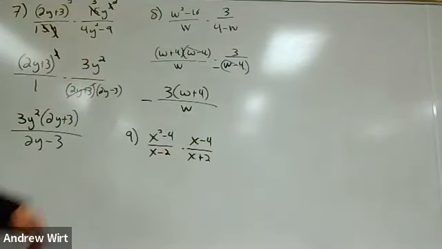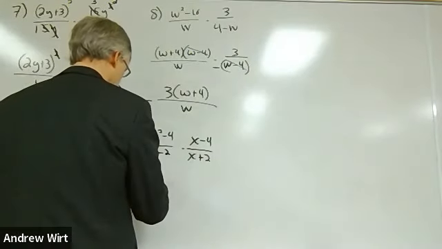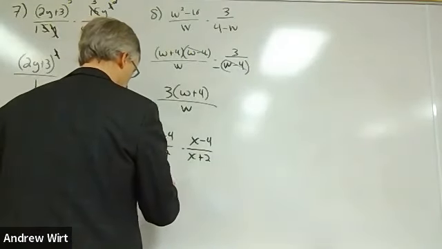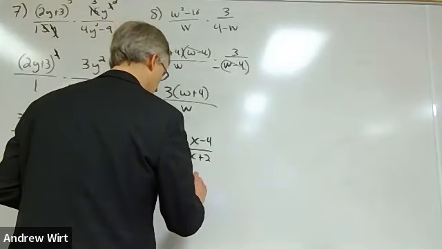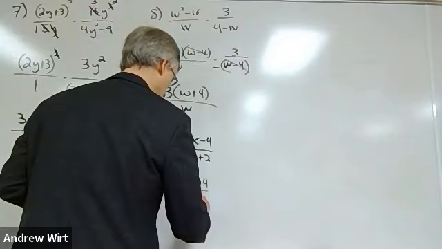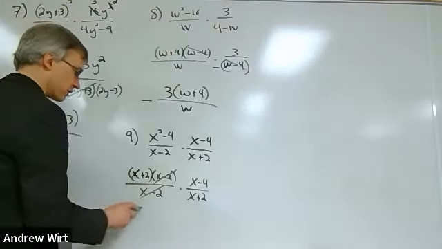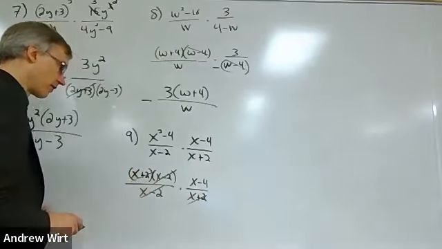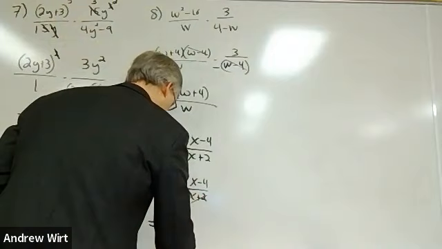So this would be the result of step 1. Now we can factor here, the difference of squares, x plus 2, x minus 2. Now we've got 2 cancellations we can make. X minus 2s, those are gone. X plus 2s, those are gone. The only thing left is x minus 4.